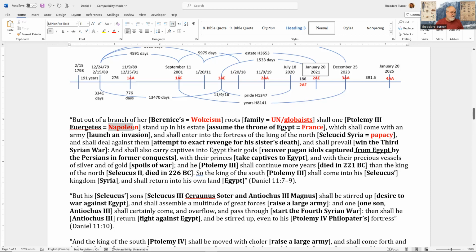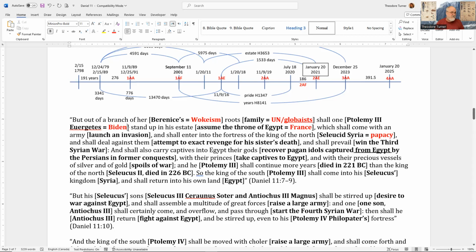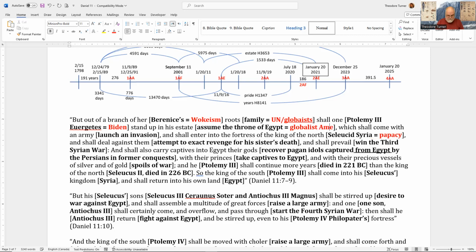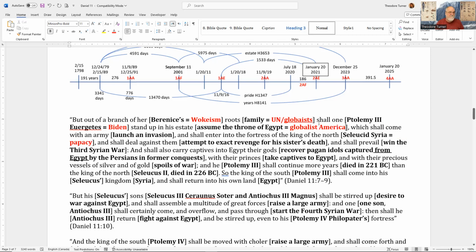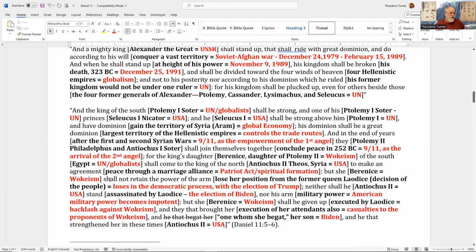So we would have to say that this is Biden, right? Stand up in his estate, assume the throne of Egypt, that is globalist America. Just call it that. Which shall come with an army, launch an invasion. Now, what did we have an army represent earlier, talking about the arms?